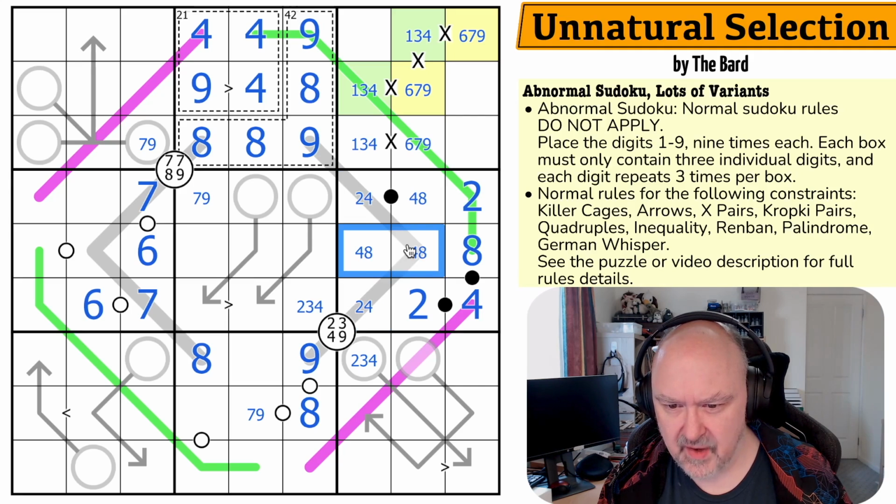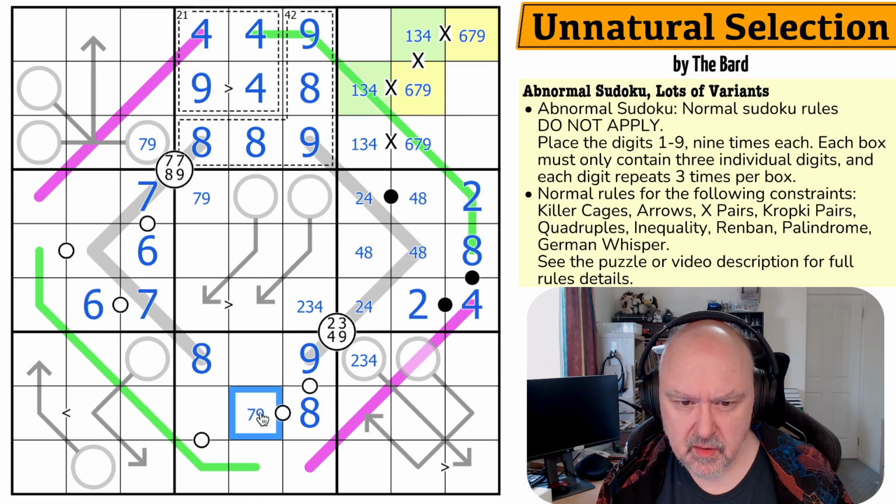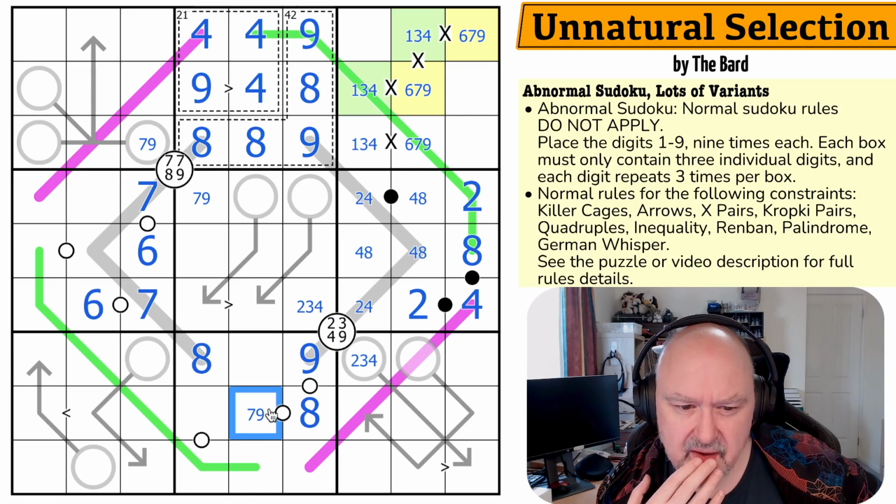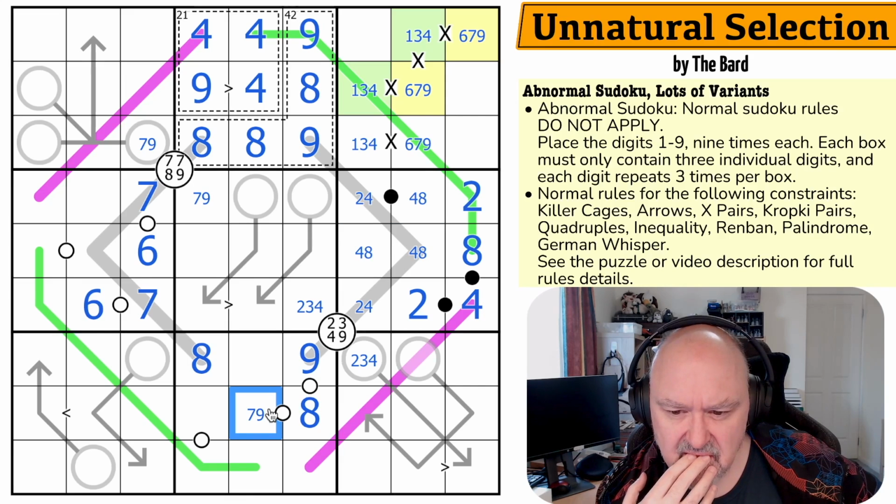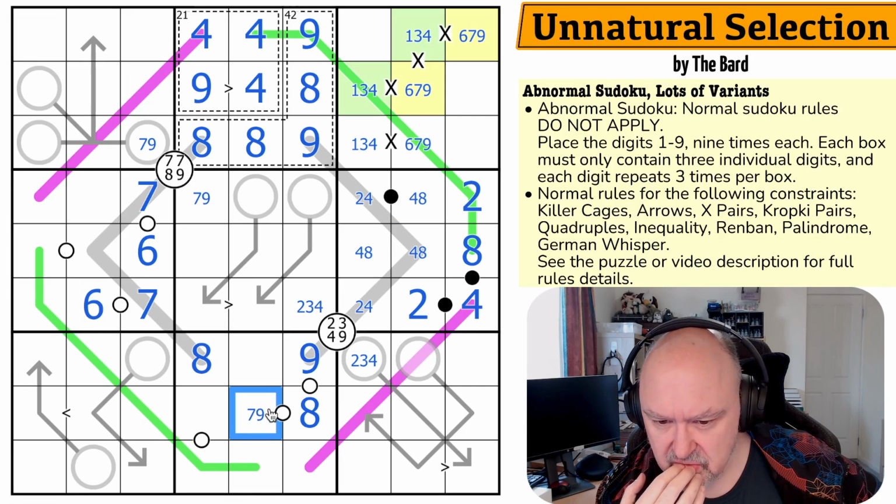And that is a 4, 8. Yeah, that all works, doesn't it? Okay, so where is the trick to look at? I'm actually not sure.